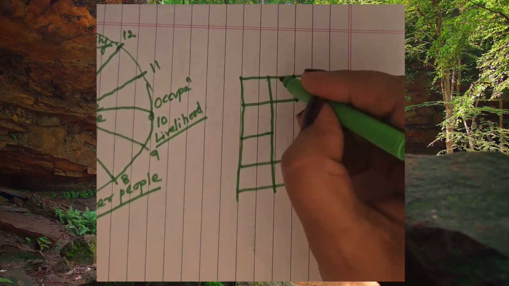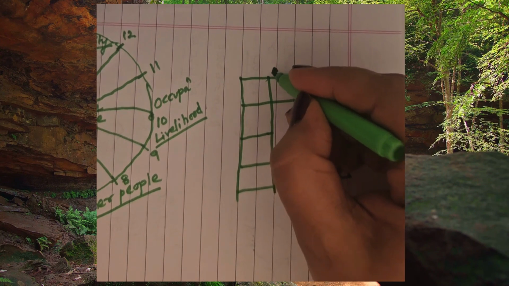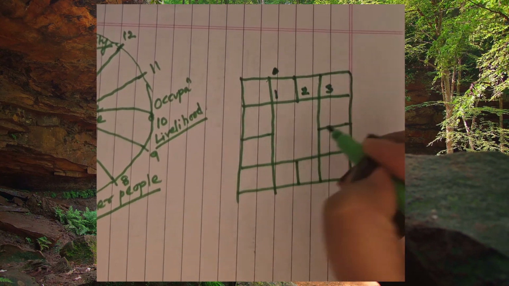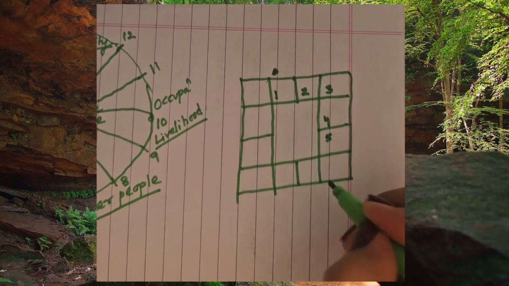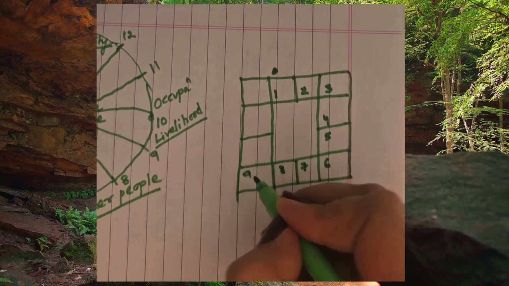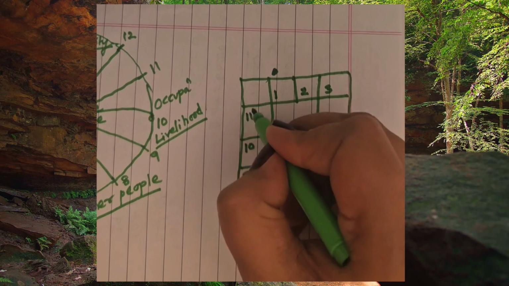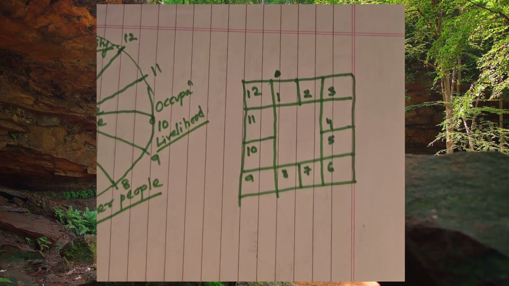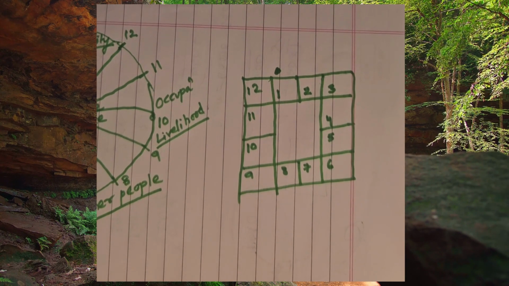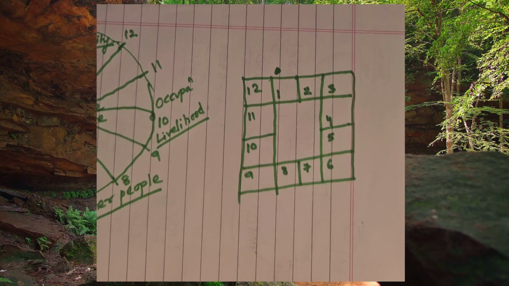And from this point, we will start numbering. So it will be 1, 2, 3, 4, 5, 6, 7, 8, 9, 10, 11, 12. Okay, so what is the difference between the South Indian chart and the North Indian chart?